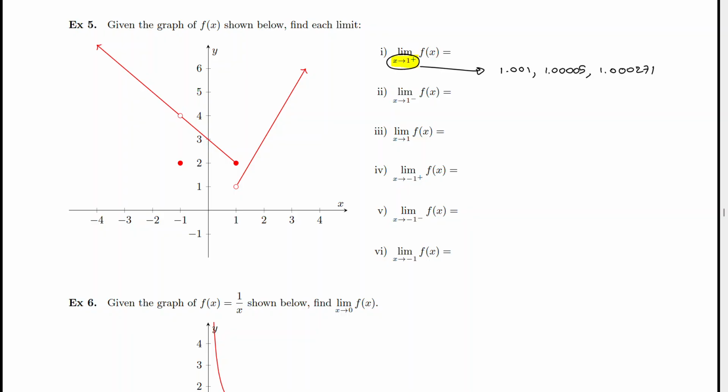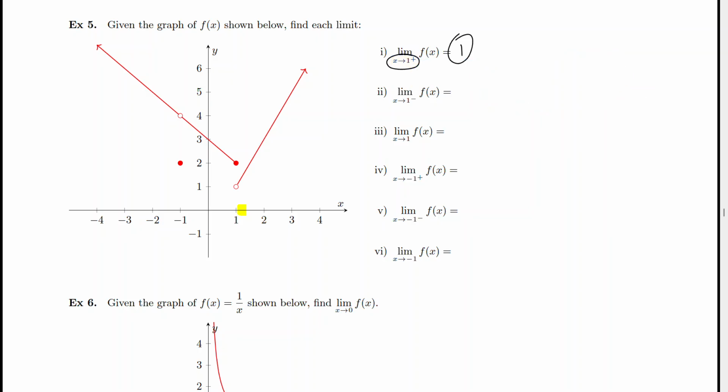So basically, we're choosing all of these guys. They are not exactly equal to 1. We're not allowed to put 1 itself, but we're allowed to pick one of these guys. And your job is to predict how high is the curve, right? So the curve seems to be around 1. So when I pick any of these values, I'm getting a y-coordinate that's basically 1. Okay, great. We are done with that first one.